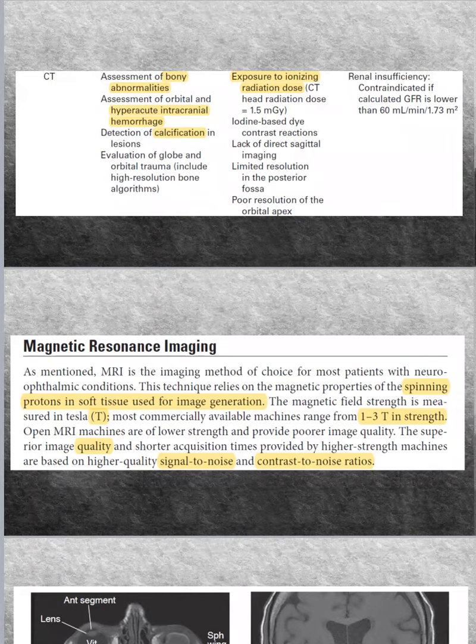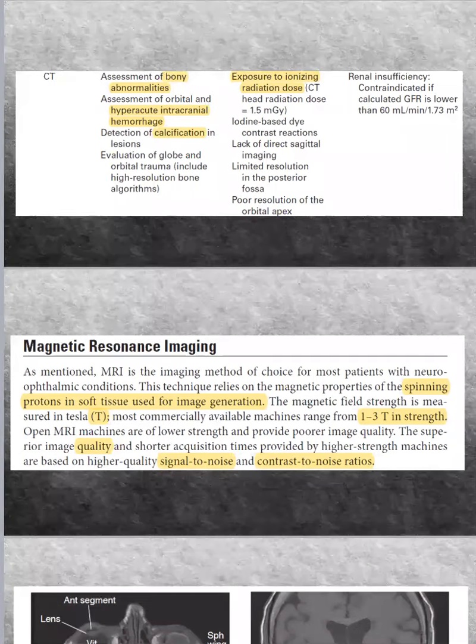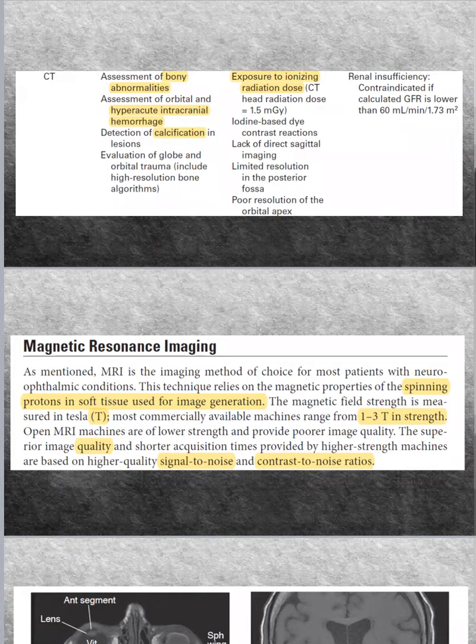CT is rapid and cheap, good in bone, good in calcium, good in hyperacute intracranial hemorrhage. What about the resolution? It is better than that of the MRI. So here in the CT, I have good resolution, good assessment for bone, good assessment for calcification, good assessment for hyperacute intracranial hemorrhage, and also it is cheap and fast.